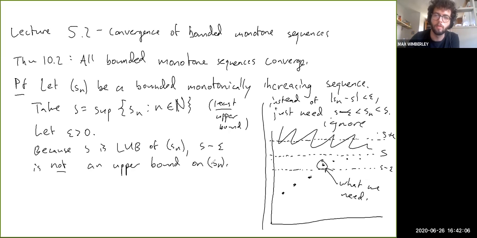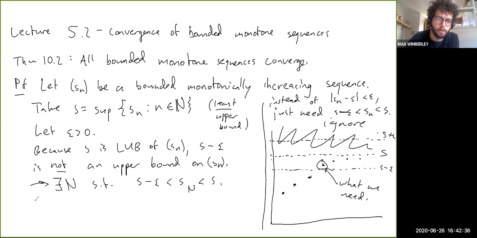So what that tells you is there exists some capital N such that S capital N is in between S minus epsilon and S. That's exactly what we wanted over here. So this is basically S capital N in this picture.